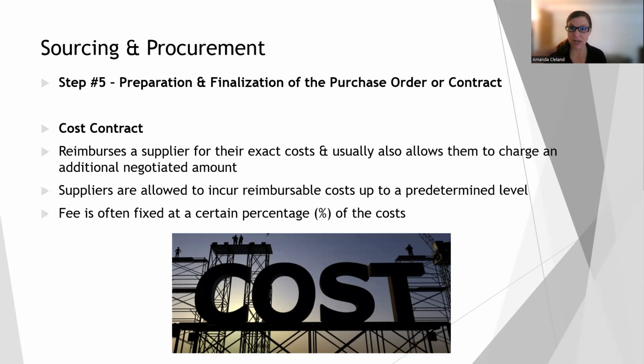Usually there's kind of a ceiling which they're allowed to bill at. So suppliers are allowed to incur these reimbursable costs up to a predetermined level or ceiling. And the fee, the profit that we would pay them, is often fixed at a certain percentage of the cost.